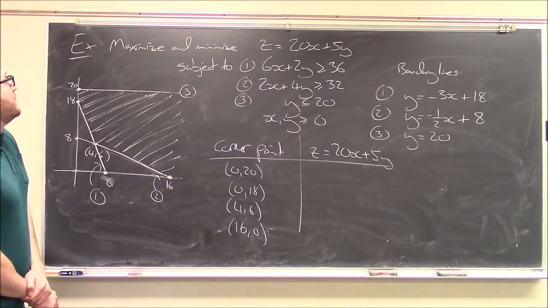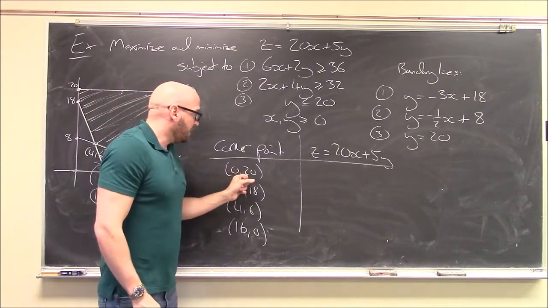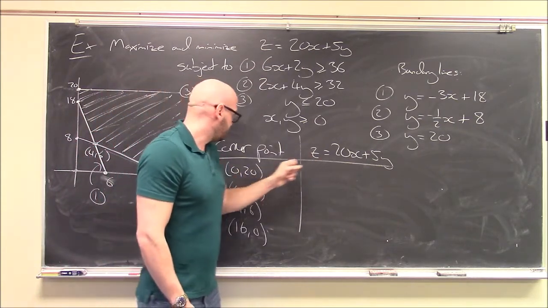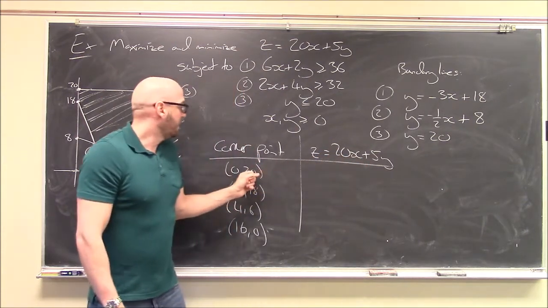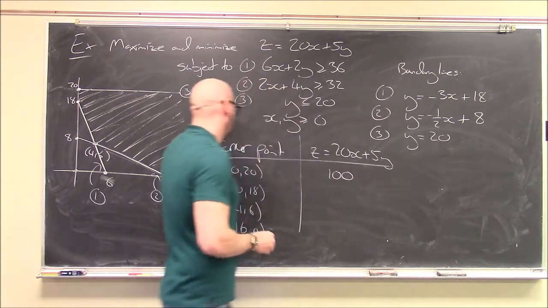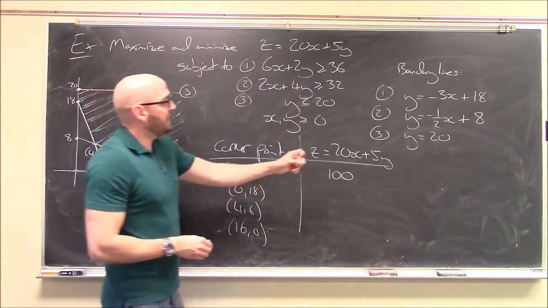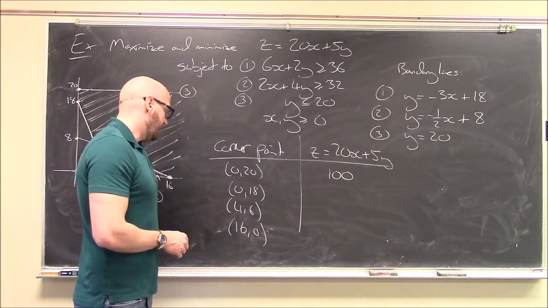And now I just have to plug these points into the objective function. So 0 and 20: x equals 0, I have 20 times 0 is 0, plus 5 times 20 is 100. 0 and 18, I have 0 plus 5 times 18, which is 90.